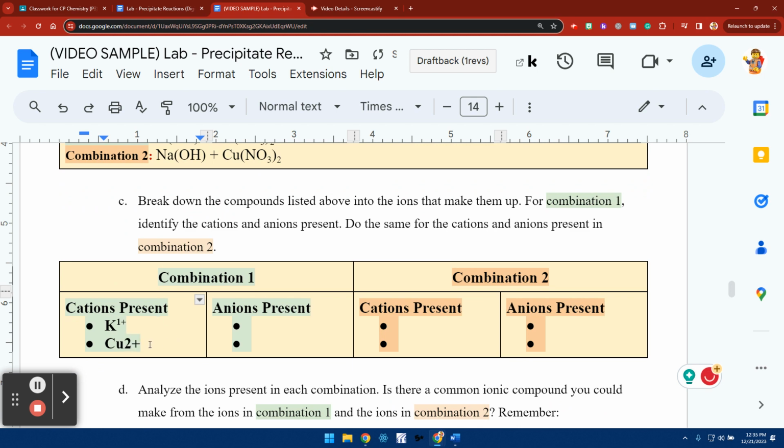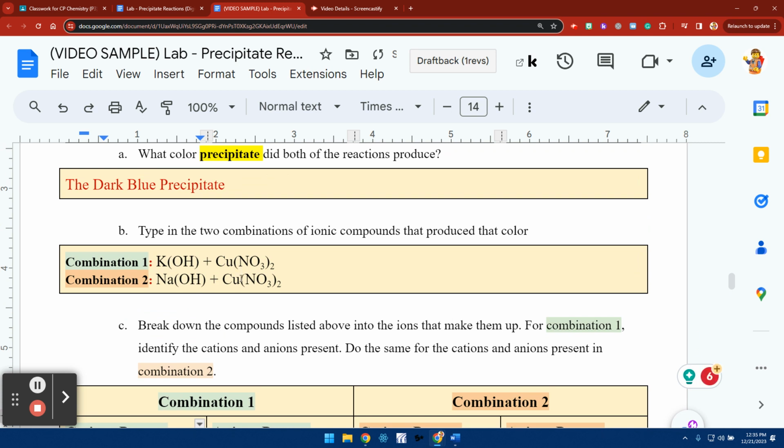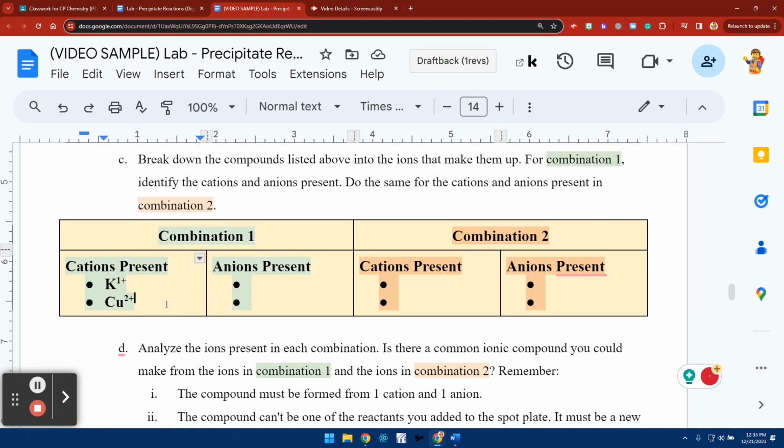All right. By the way, in case you're wondering, how do I know it's a 2 plus? I know it's a 2 plus copper because it took 2 nitrates to cancel out the charge. So those are the 2 positive ions, aka cations, present.